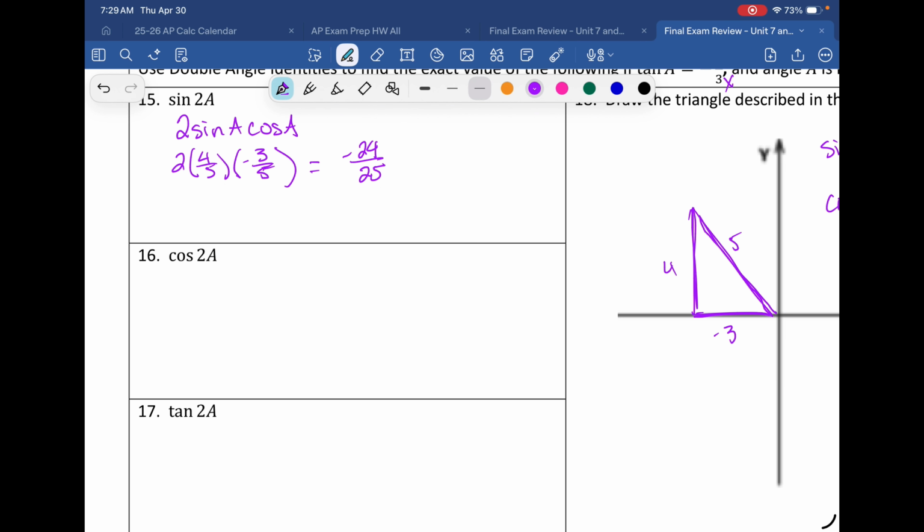Cosine 2A, there's 3 formulas. It doesn't matter which one you use. This one's the one I'm going to use. You can use your calculator at this point.